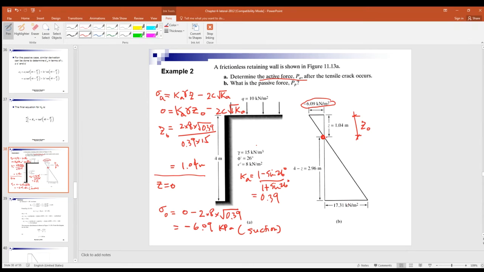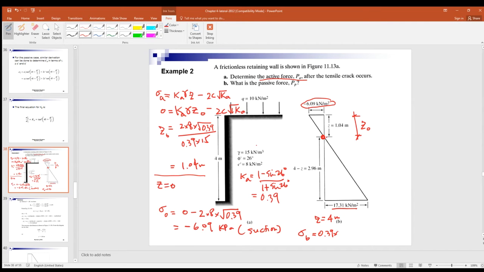Right? And what about here? Well, at the bottom, z equals what? 4 meters, right? So sigma at the bottom equals Ka, which is 0.39, times gamma.